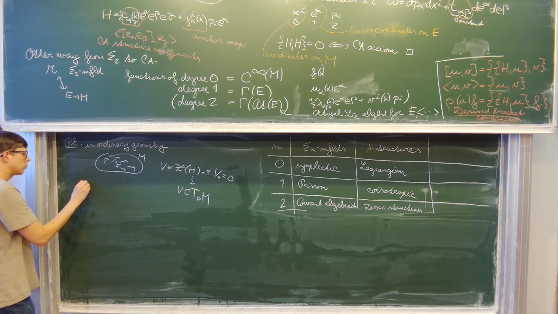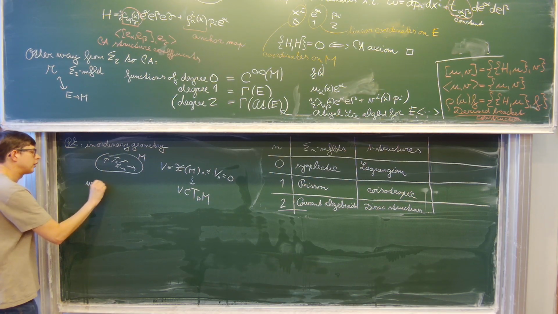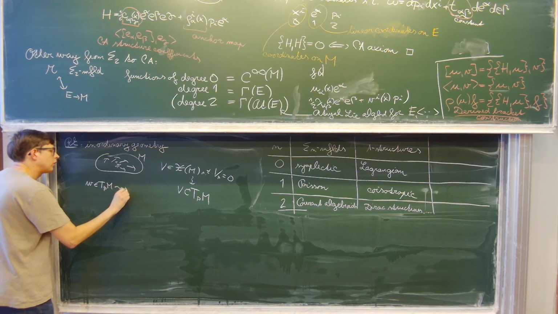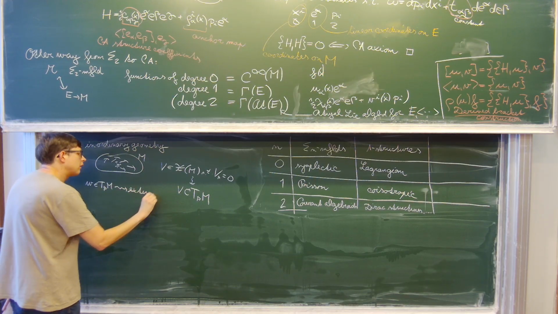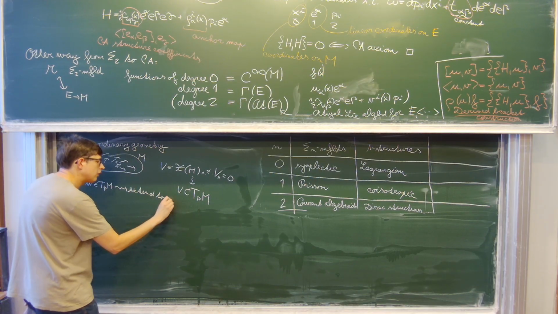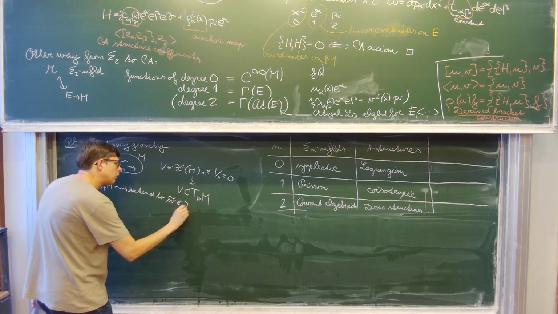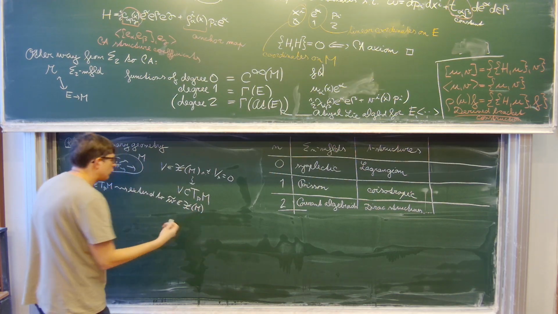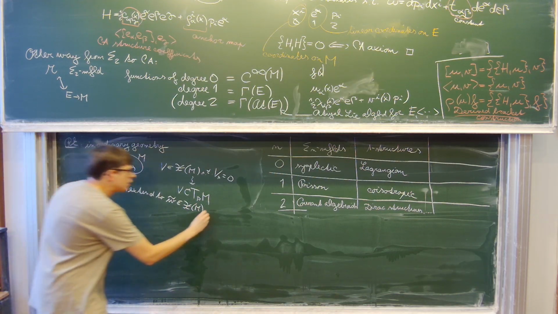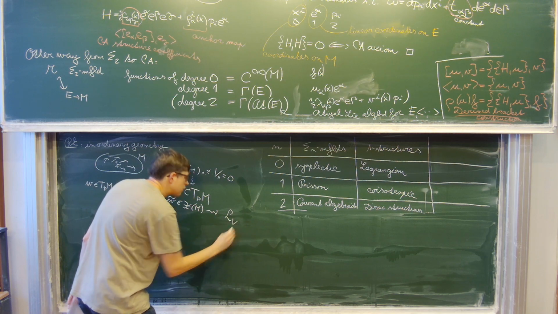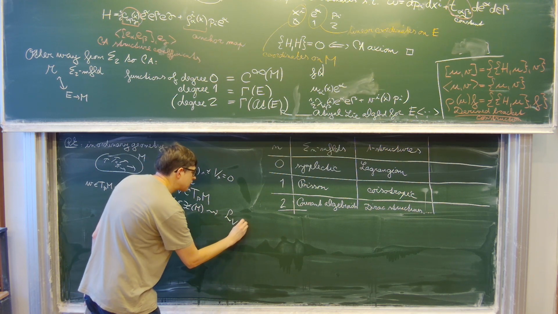Well, one way to say it is that if you take any vector, let's say W here, you extend it arbitrarily to a vector field on the whole manifold or in the neighborhood, and then you take the Lie derivative with respect to V of this extended vector field.